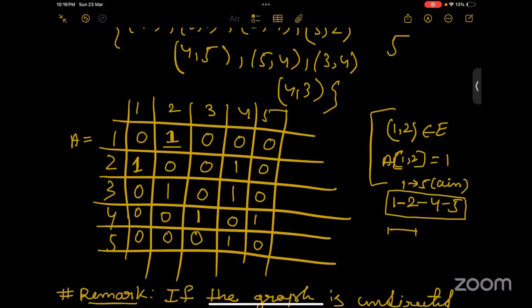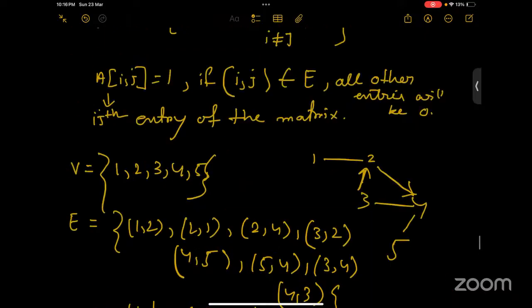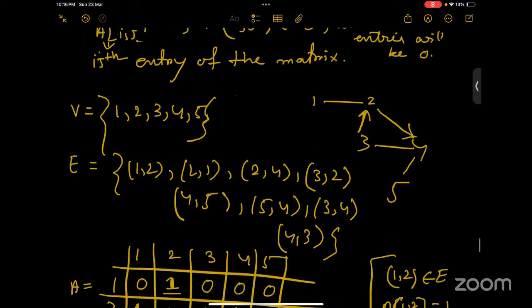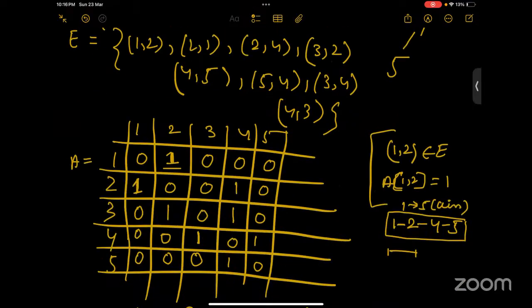If I check from the graph, we have 2 edges coming towards 2, right? 1 to 2 and 3 to 2. So if I check the column, we have 1 to 2 and 3 to 2, right?